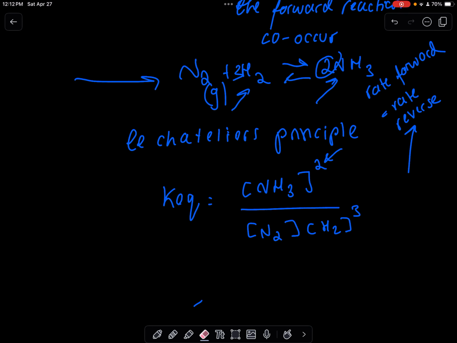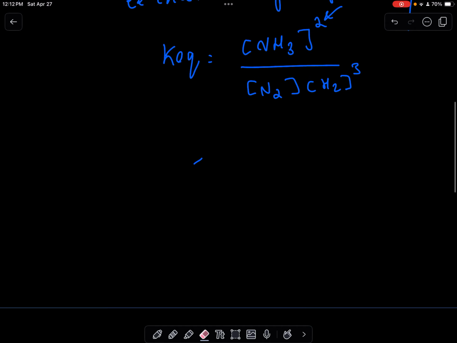So let's talk about how we can find the equilibrium constant for a specific reaction. Let's take this reaction, for example. In this reaction, what we have is HI going to H2 plus I2, so it's decomposing.